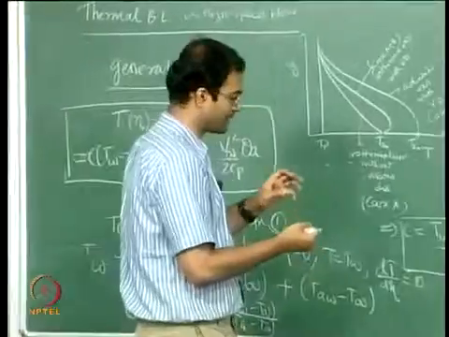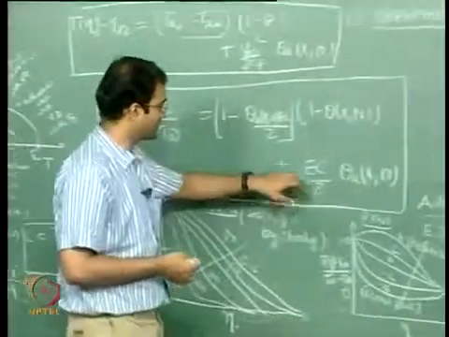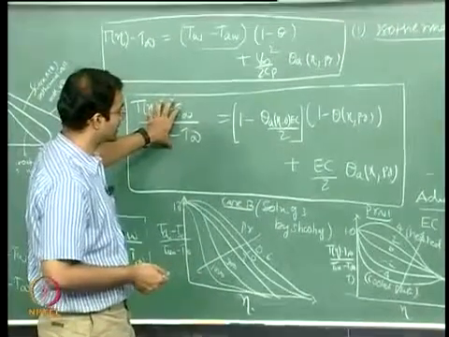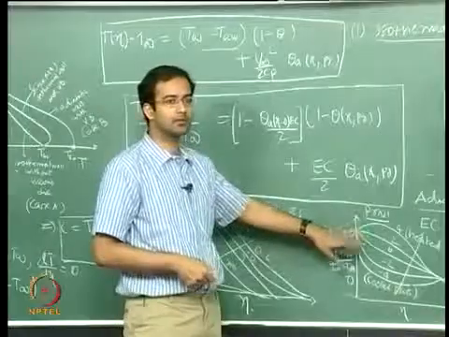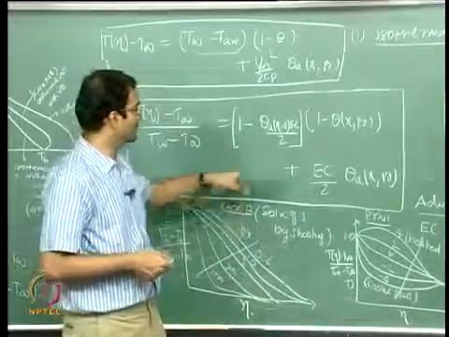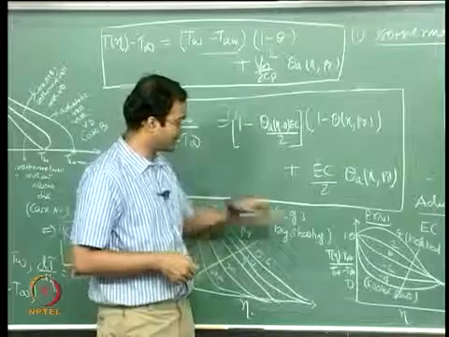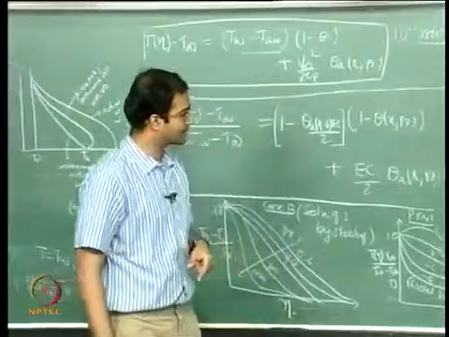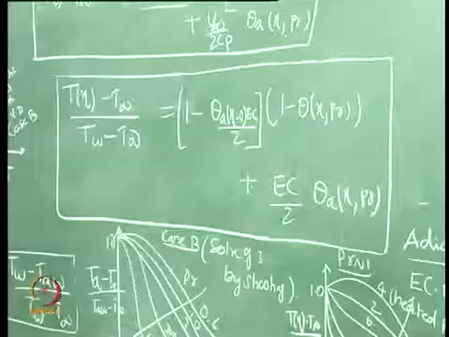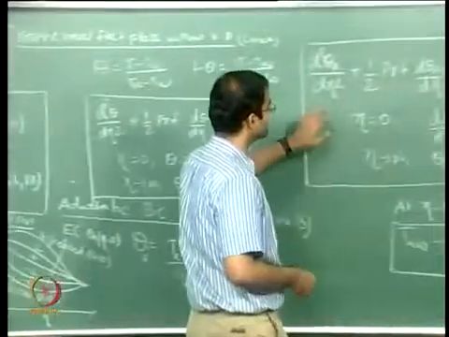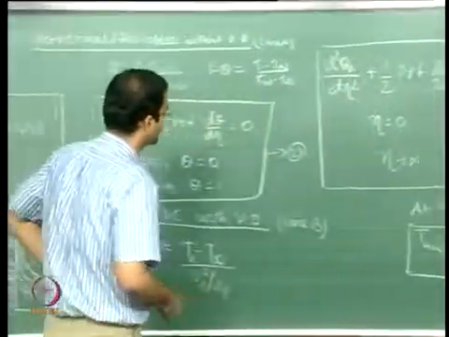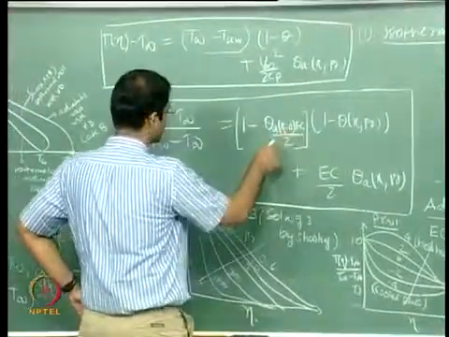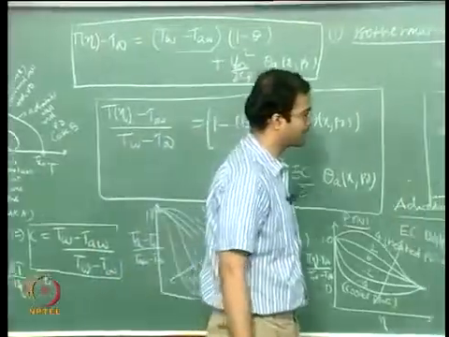You have Prandtl number, we have the Eckert number here, so you fix the Eckert number to some value, fix the Prandtl number, and then plot the variation of this non-dimensional temperature as a function of eta, and this is how it looks. Now there could be different values of Eckert number into theta a. So for a heated plate you have profiles which are like this, for the cool plate you have profiles which are like this. So all this can be verified once you solve this equation by shooting technique. For a particular value of Eckert number you can combine these two solutions and you can get this kind of a temperature profile.